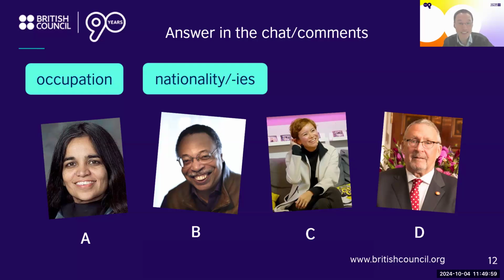What do you think? Person D could be from England. Yeah, person C may be Korean. Oh, person B could be Ghanaian. Is it Ghana or Ghanaian? Sorry, I can't pronounce that word properly. Yeah, from Ghana.